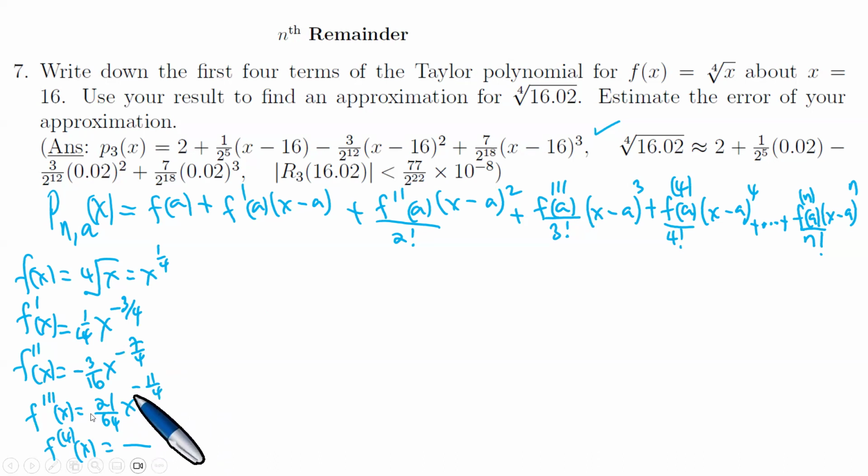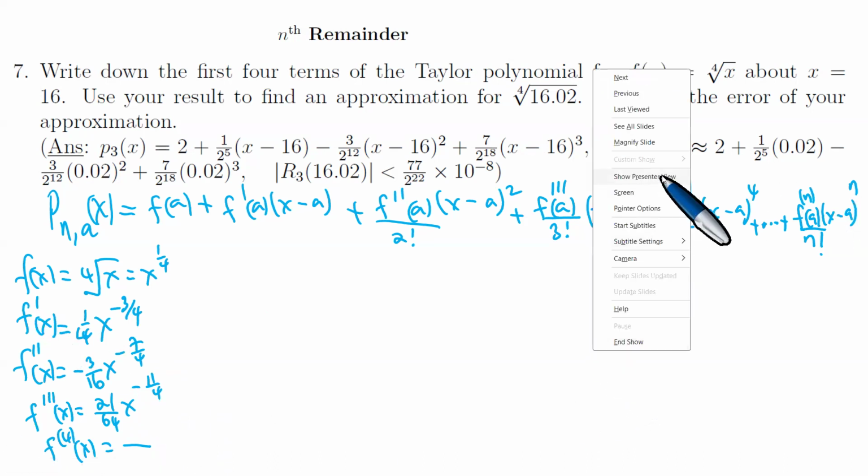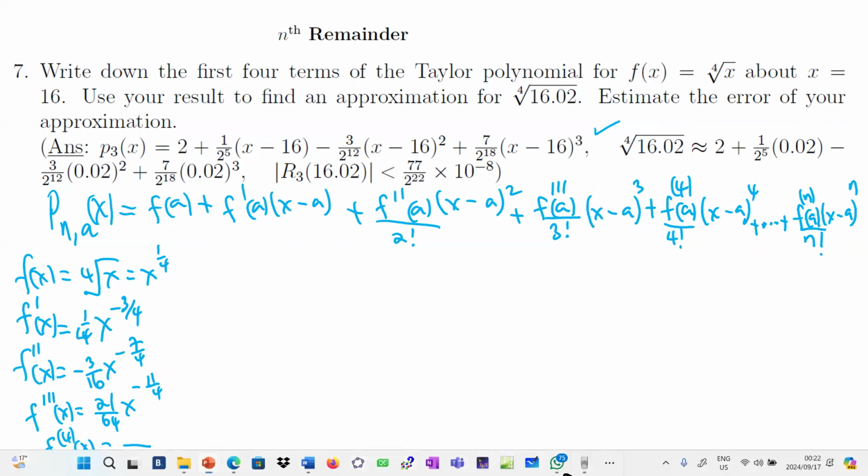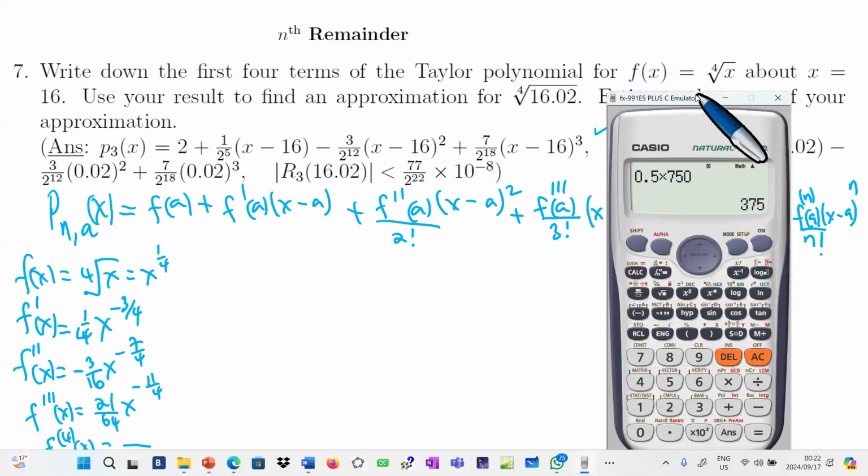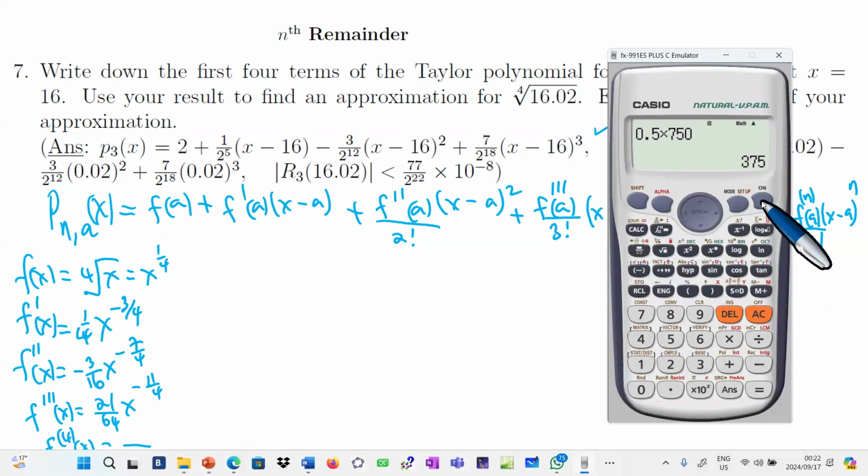Okay. So you can use a calculator. Just check these answers. So you have, for example, 21 out of 64 times minus 11 out of 4.